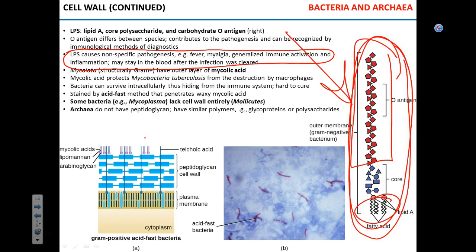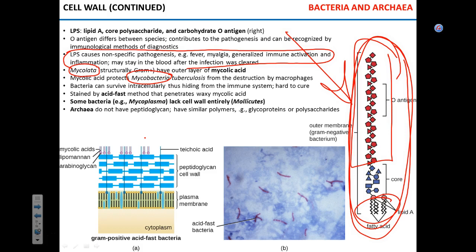For instance, a group called Mycolata, in the study guide I use a different name for them, mycobacteria. Mycobacteria is a genus. Mycolata is the order, the bigger group.